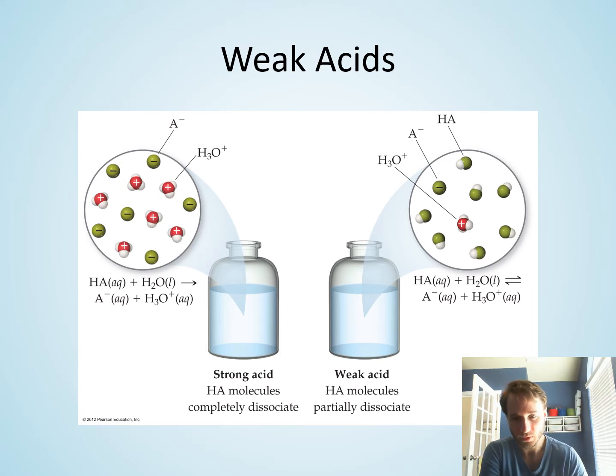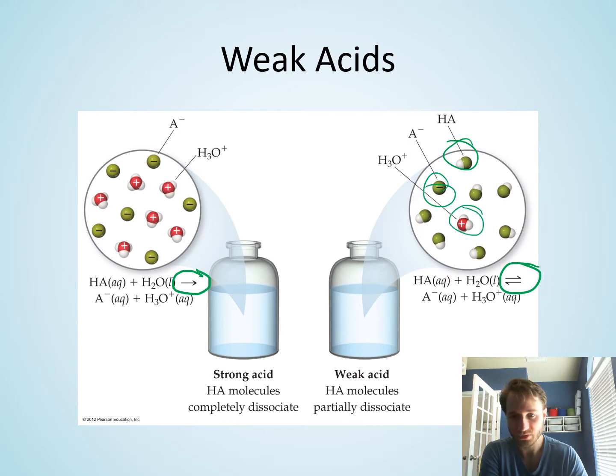Often for strong acids we use just an arrow to the right to indicate that a strong acid fully breaks apart in solution and completely donates every single proton. But for a weak acid we often use an equilibrium arrow to indicate that it's not going to fully break apart. There will be some HA in solution, but there will also be A minus and H3O plus.